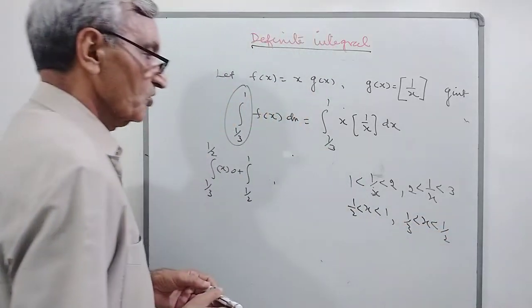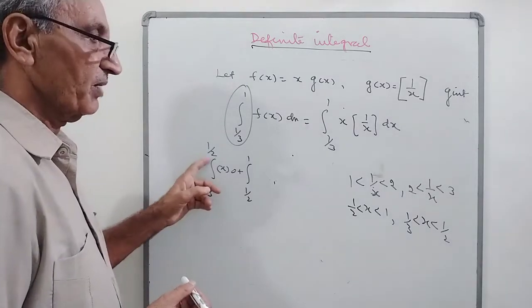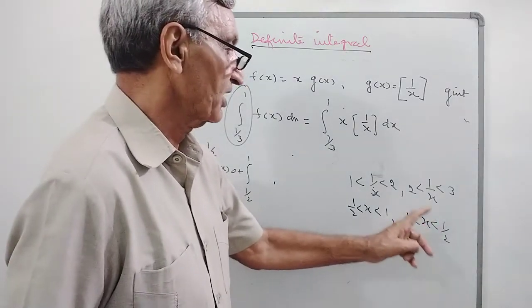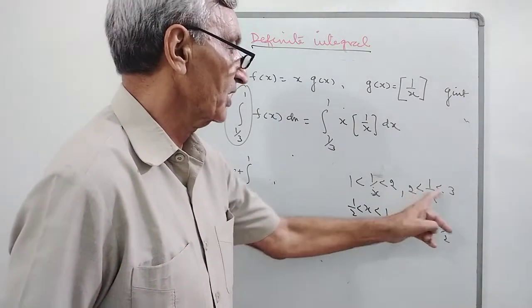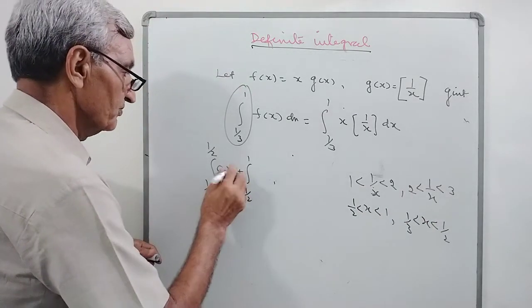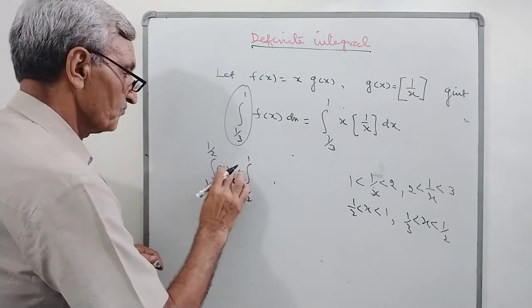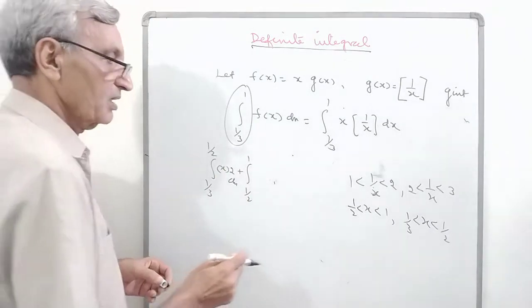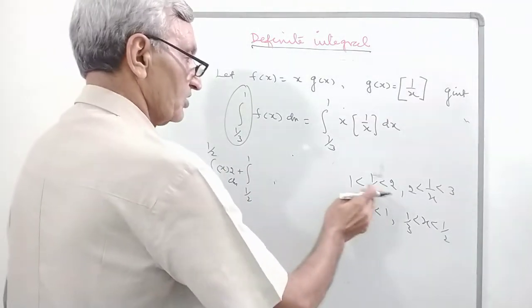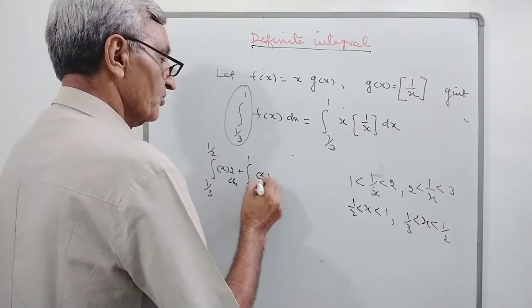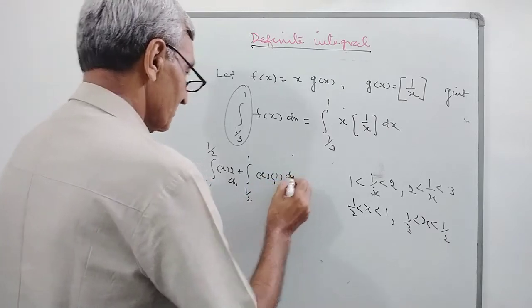Sorry friend. So when x value is 1 by 3 to 1 by 2, 1 over x lies between 2 and 3, therefore its answer is 2. And here when 1 over x is 1 to 2, therefore it is equal to 1. Sorry friend.